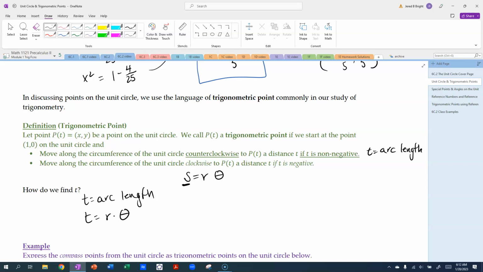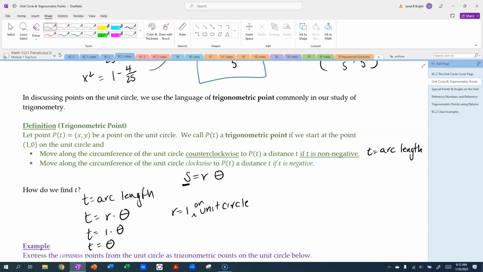And on the unit circle, r is equal to 1, because the unit circle has a radius of unit length, radius of 1. So I can just say t is equal to 1 times theta, so t is equal to theta.